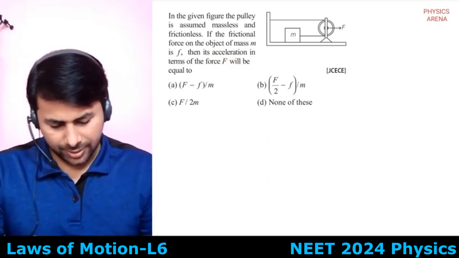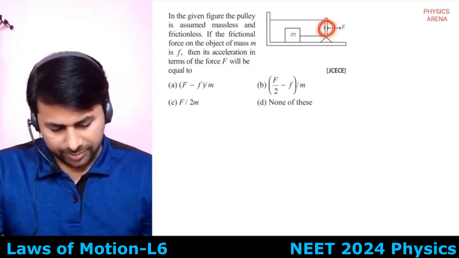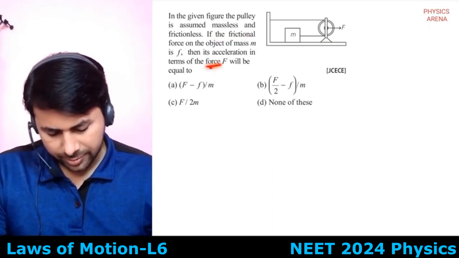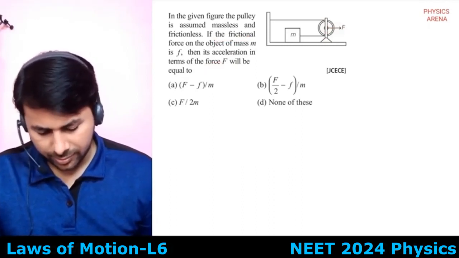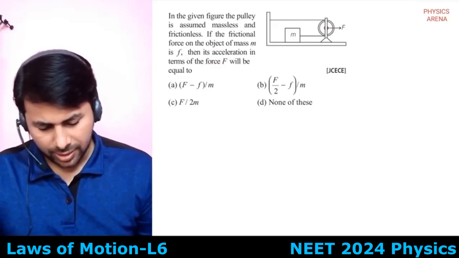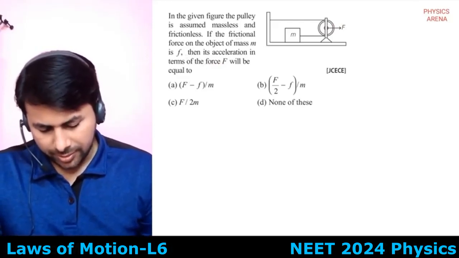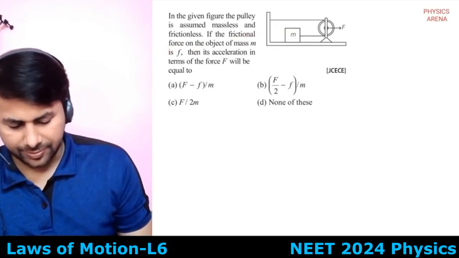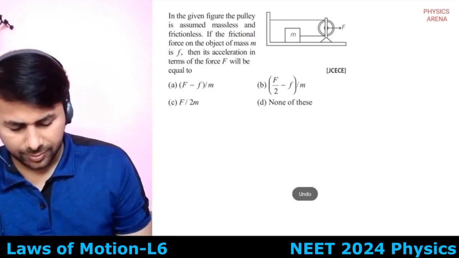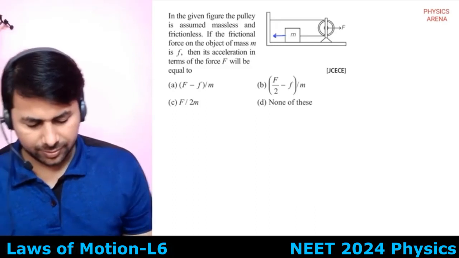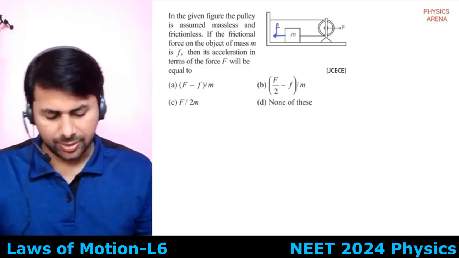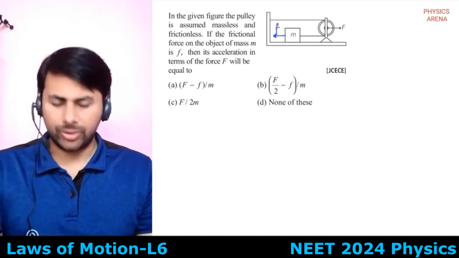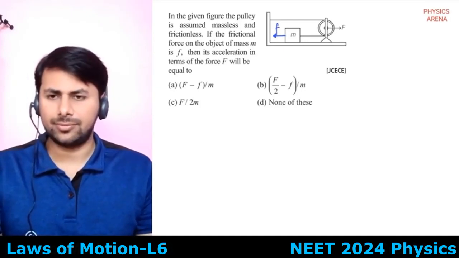Okay, so here the pulley is massless, frictionless, and you are exerting some force F on this side. Okay, and then there is a frictional force on this mass which is acting on the other side, small f. Now tell me, what can we do? We want to find out acceleration.